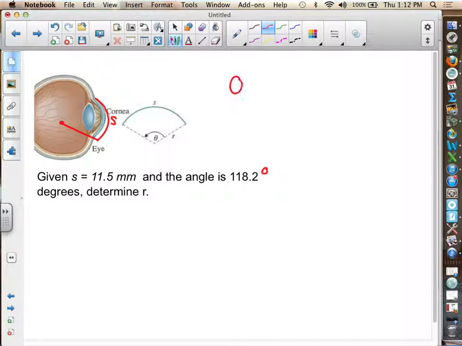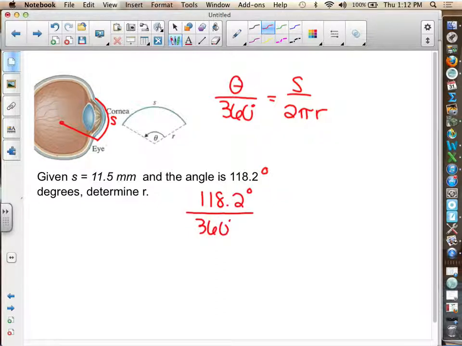So if you use your formula theta over 360 equals S over 2 pi r, since I'm looking for radius, I can fill in the values that I know. So 118.2 degrees over 360 degrees. The length of the arc is what I'm given. It's 11.5 millimeters.